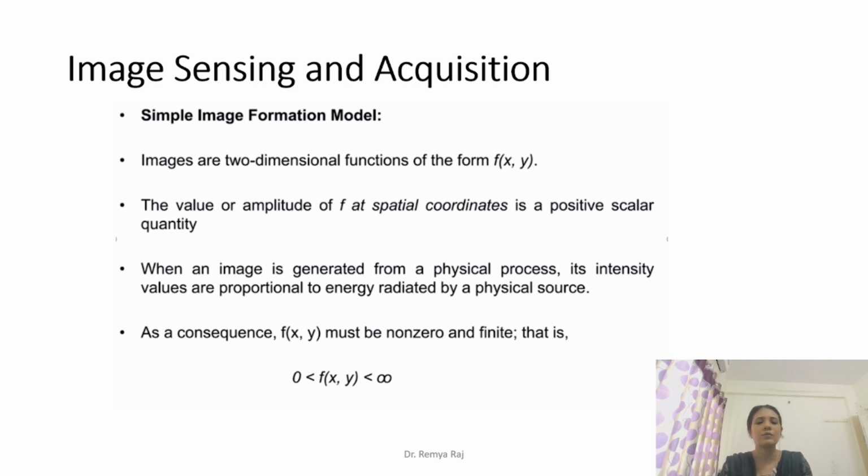In the earlier lecture videos I told you x and y are the spatial coordinates, and f(x, y) together we call the intensity of each pixel in that image. It varies from 0 to infinity. The pixel values can range from 0 to infinity, but it should be a positive value.